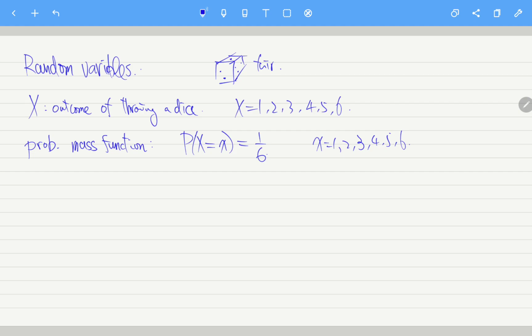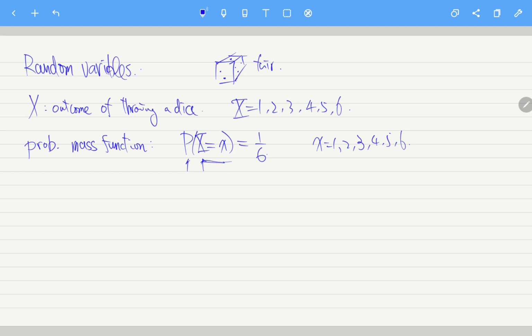It looks complicated, but it means that if this random variable equals 1, then the probability of this event occurring is 1/6, equal to 2 will also be 1/6, and so on and so forth.